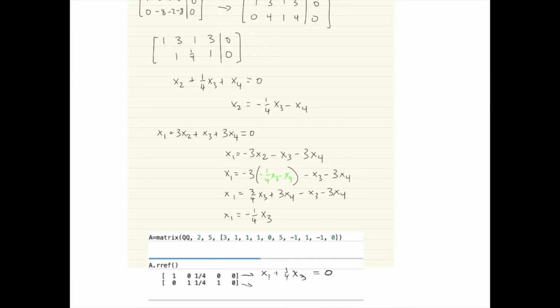And the second row translates to 0 x1 plus 1 x2 plus 1/4 x3 plus x4 equals 0. And so from these, you see that x1 is equal to negative 1/4 x3, and x2 is equal to negative 1/4 x3 minus x4, which are the same things we've found.